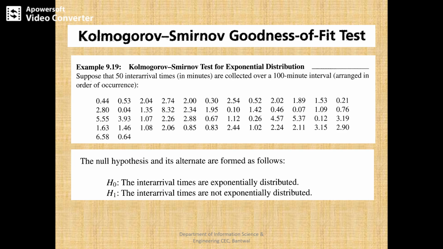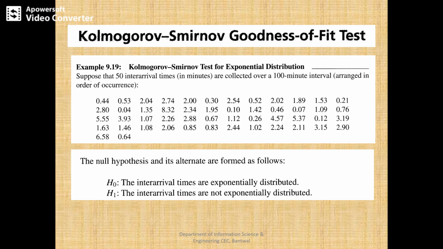So there are two hypotheses here. H naught: the inter-arrival times are exponentially distributed, and H1: the inter-arrival times are not exponentially distributed. We had already seen a KS test in the earlier model.